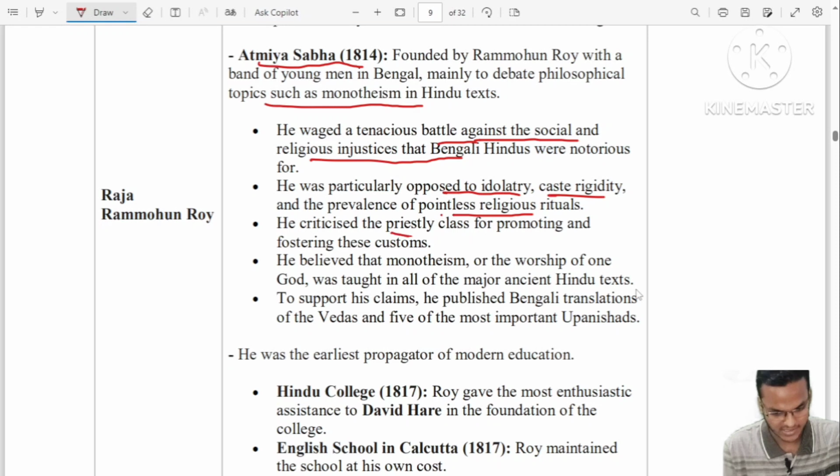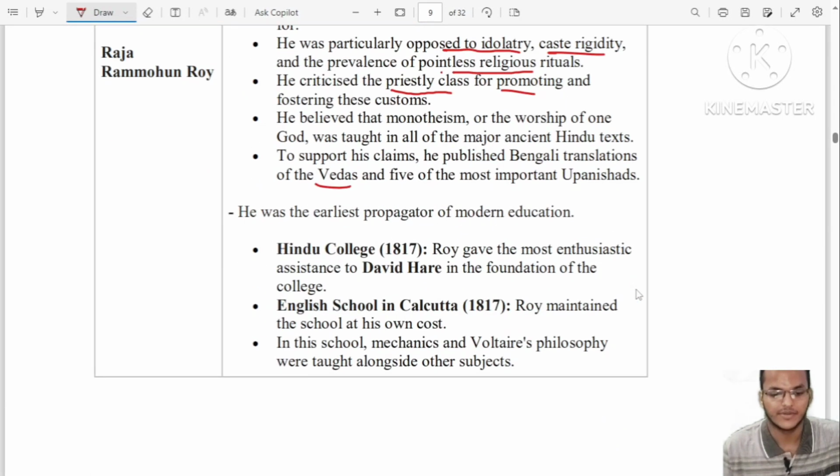These pointless rituals were also supported by the priestly class, and he also opposed the priestly class for promoting such customs. He believed in monotheism, one single God, and in the Vedas.